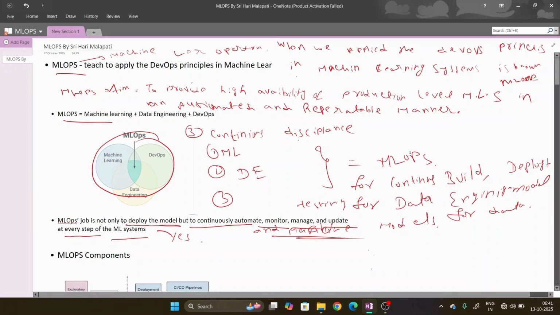These days we have a lot of data. In these AI days we have a lot of information. We need to update every step in ML systems.